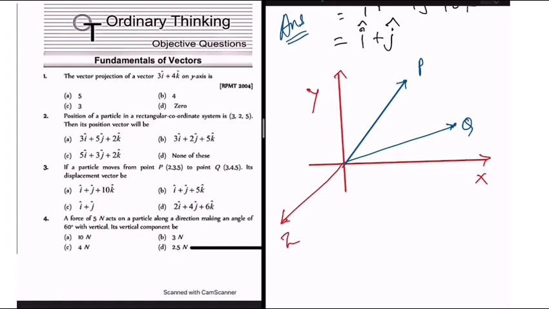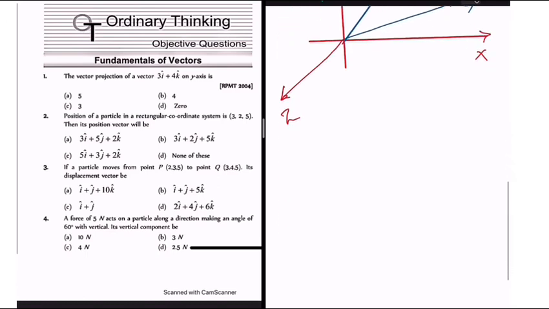It's towards you, 3 dimension. Now the displacement vector is this, vector PQ. Displacement vector. Understood? That is i cap plus j cap.